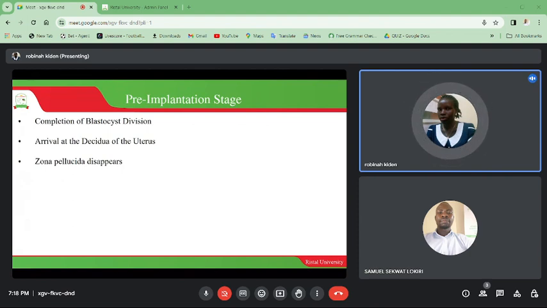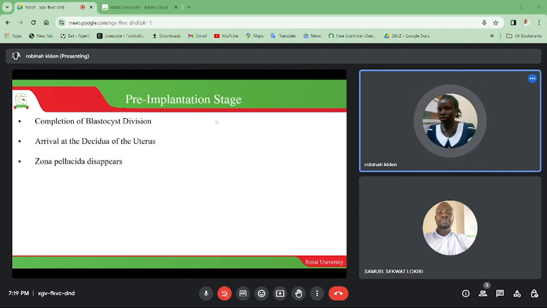So let us look at the pre-implantation stage. This involves completion of blastocyst division, then arrival at the decidua of the uterus and the zona pellucida disappears. When the ovum is fertilized, it starts dividing, but before it divides, what is formed is the zygote.